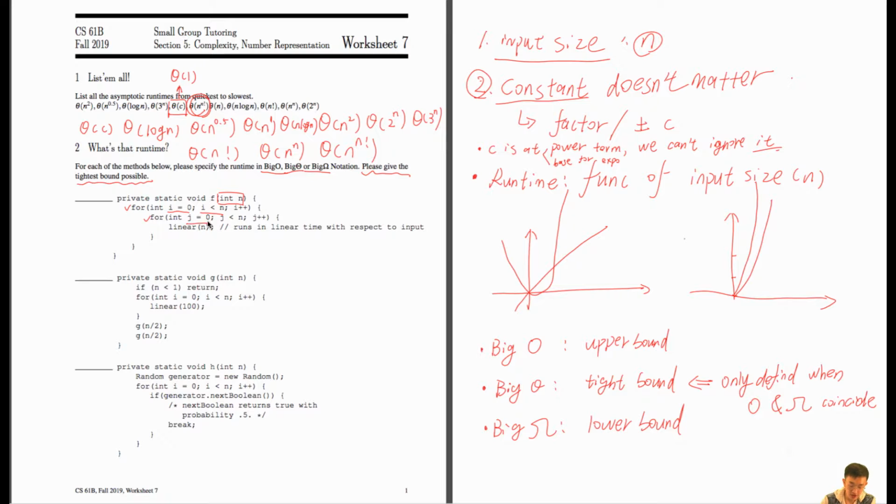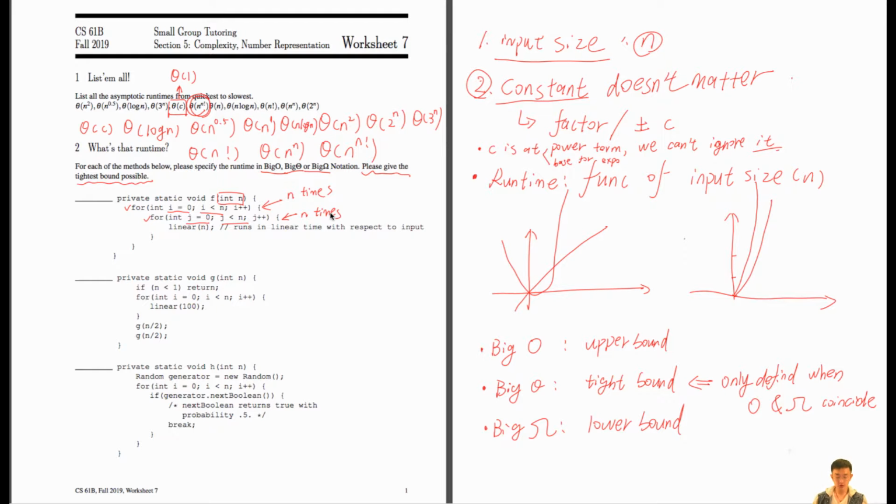And the second one is j from 0 to n. So by this, we know that the first loop is going to run n times, since i will be increased one by one until it gets to n minus 1, that is n times. Similarly, the second loop will run n times.